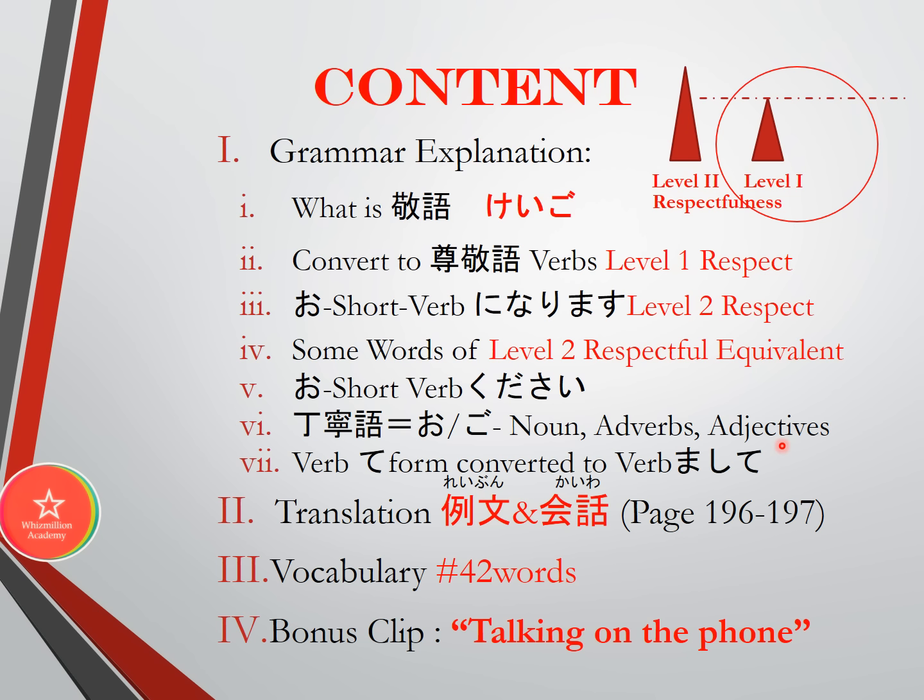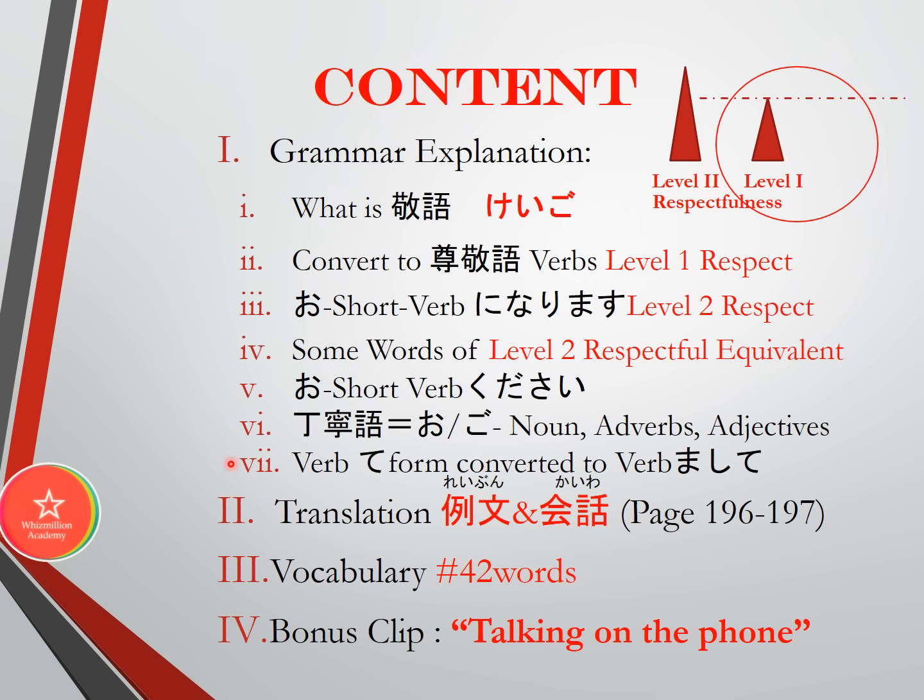This is considered more of a teineigo polite expression by attaching an o or go to the front of the word. Lastly, we will learn when we change the verb te form to verb mashite, the sentence will become more polite. So these are the 7 grammar structures that we will be learning in this lesson.